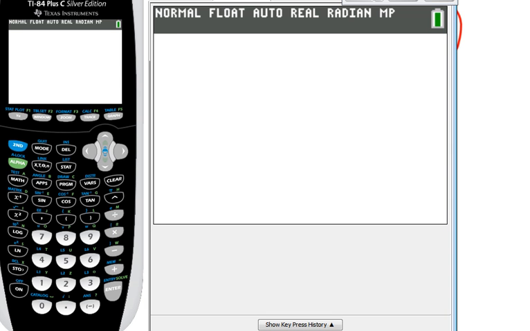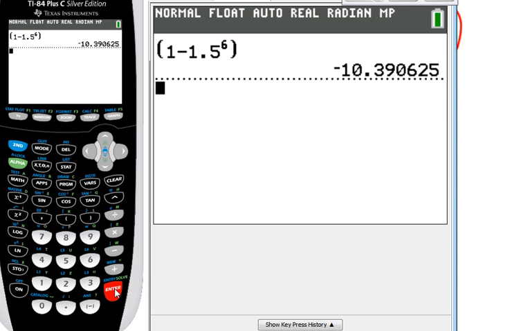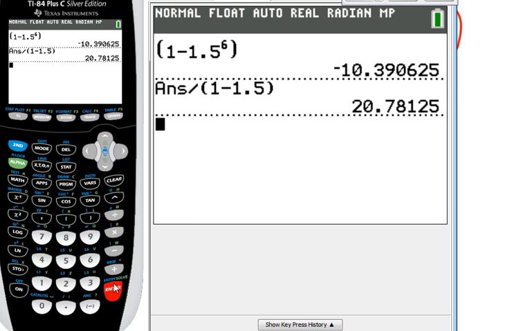So inside the parentheses first, we're going to do 1 minus 1.5 raised to the 6th power. Equals. Divided by parenthesis 1 minus 1.5, close your parenthesis, hit equals, and then times by 4.